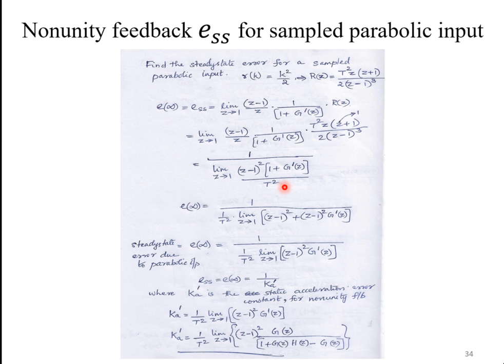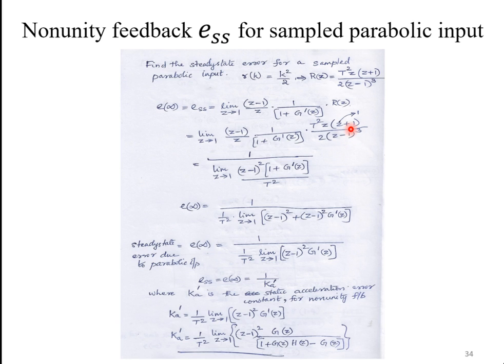So here you can see that limit z tends to 1, (z minus 1) by z into 1 over 1 plus G'(z) into R(z). R(z) for the sampled parabolic input is T squared z(z plus 1) by 2(z minus 1) the whole cube. Here you can see that some of the things will get cancelled. z and z will get cancelled, and one of the (z minus 1) out of the (z minus 1) whole cube gets cancelled, resulting in (z minus 1) the whole square.